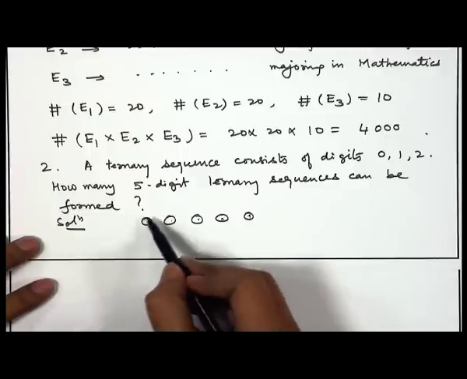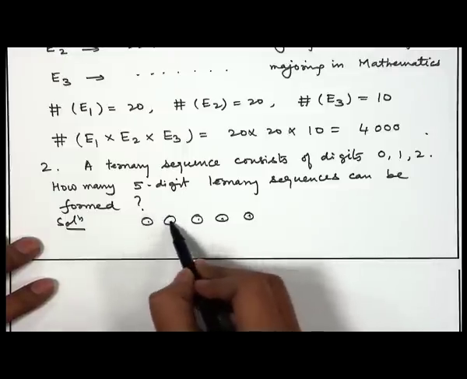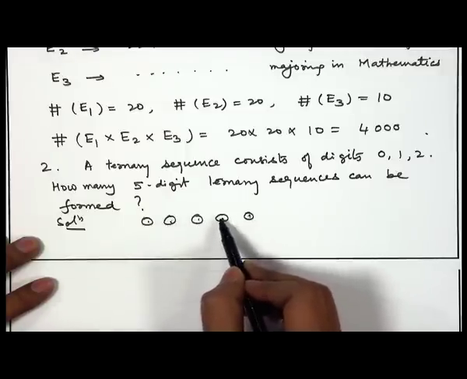In the first place, I can put either of 0, 1 or 2. That means, the first place can be filled up in 3 different ways. In the second place also I can put either of 0, 1, 2. In the third place also I can put either of 0, 1, 2. In the fourth place and in the fifth place also the same logic will be repeated.